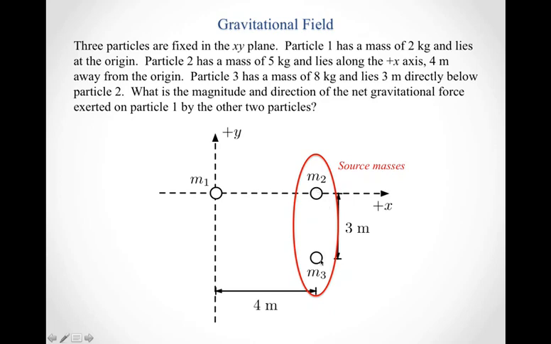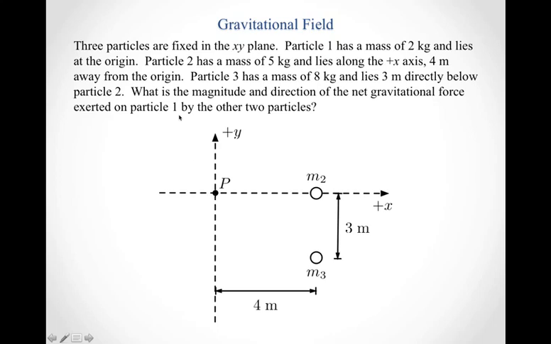They're going to create a gravitational field at the point where you've placed your test mass. So mass 1 in this case is our test mass, because it's the one where we're interested in the gravitational force, and mass 2 and mass 3 are the masses that are creating a field at the point where that test mass is placed.